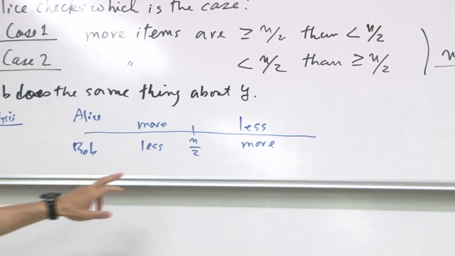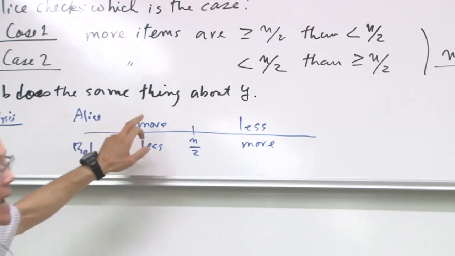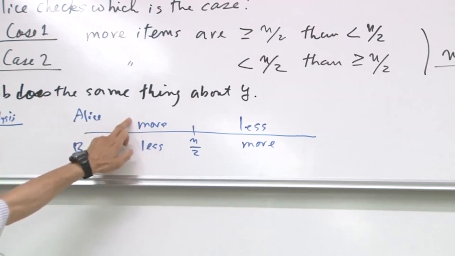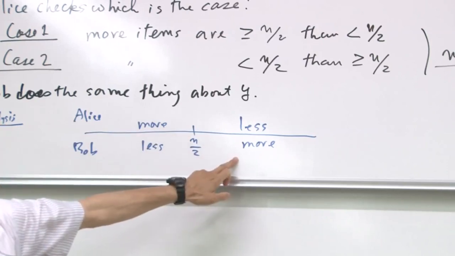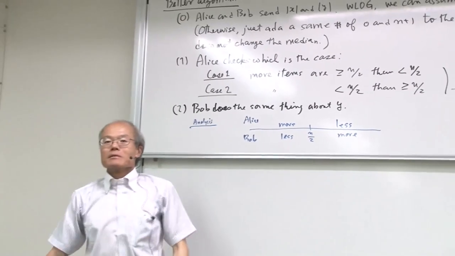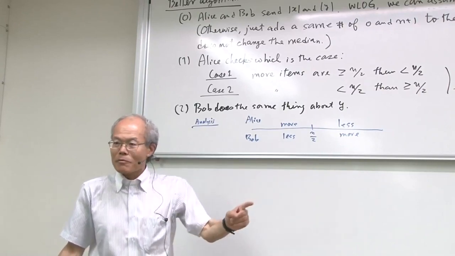We have a middle, n over 2 here, and Alice has more numbers here, but Bob has more numbers here. This is kind of a cross. This is one possibility. What is the other possibility?